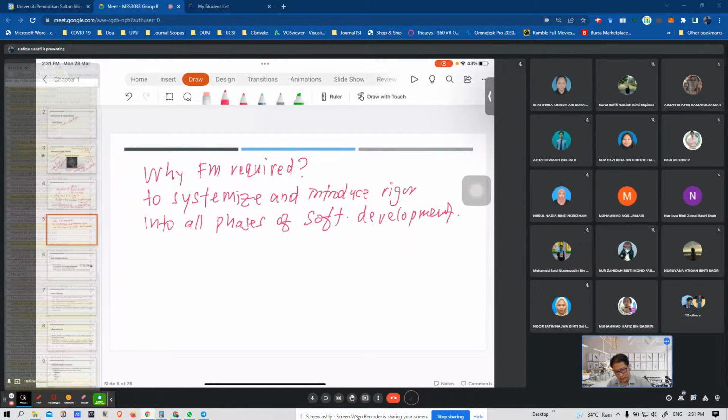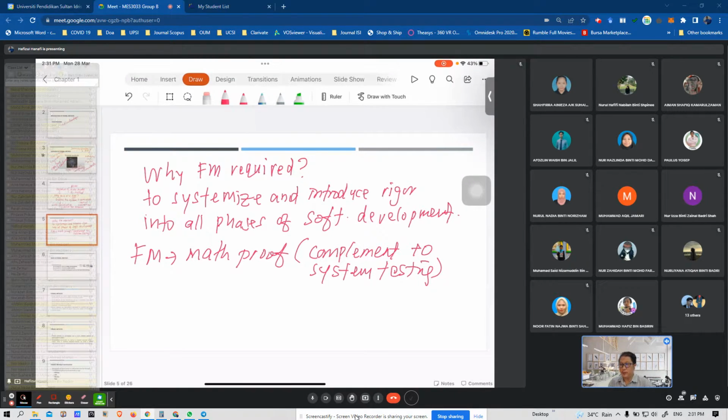Okay, and in formal method we use mathematical proof. Okay, this one as a complement to system testing, in order to ensure the correct behavior.